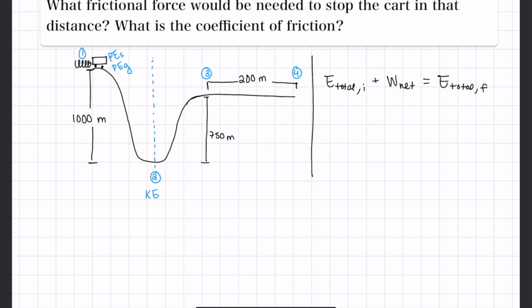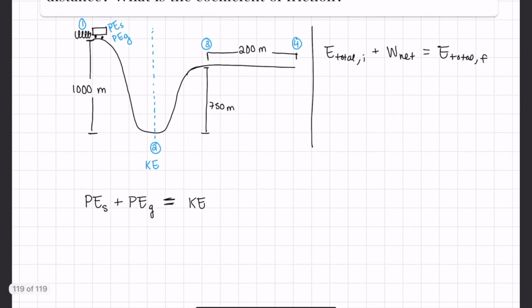So we're going to have our potential energy from the spring plus our potential energy from gravity. We don't have any external work happening over this range. We can assume frictionless up until now. So we'll just set that equal to our kinetic energy at point 2.